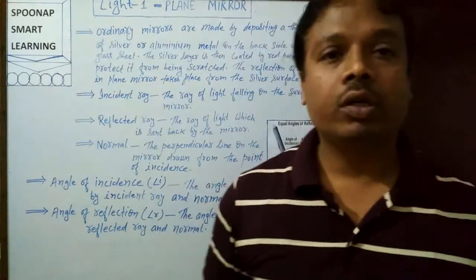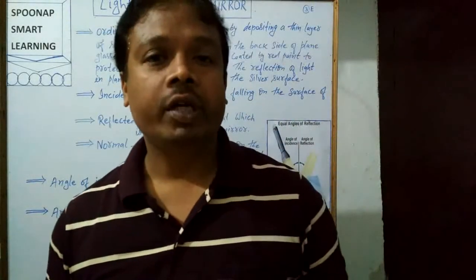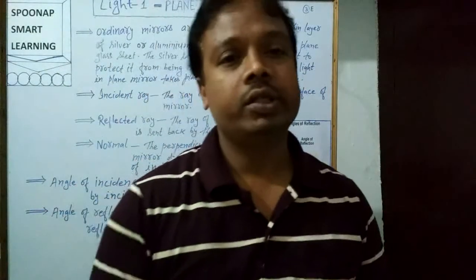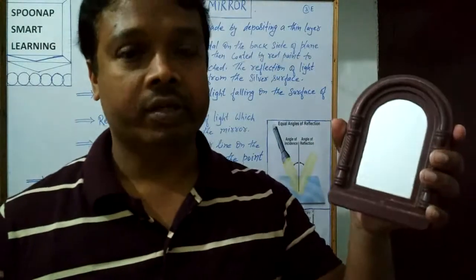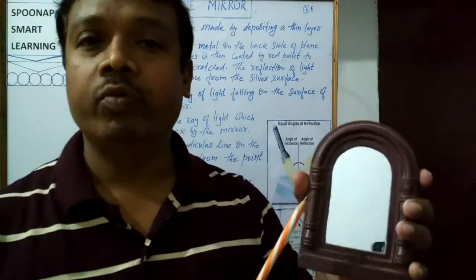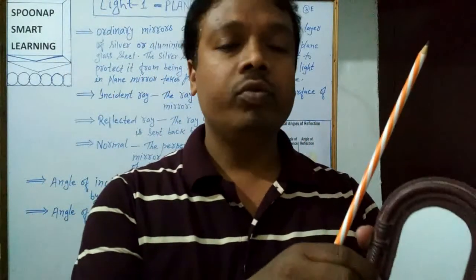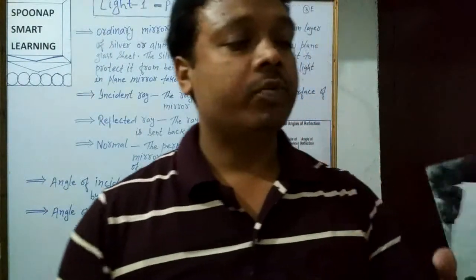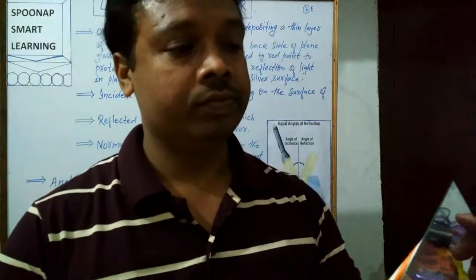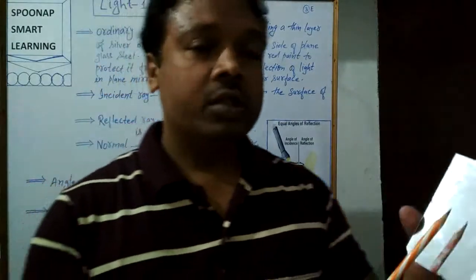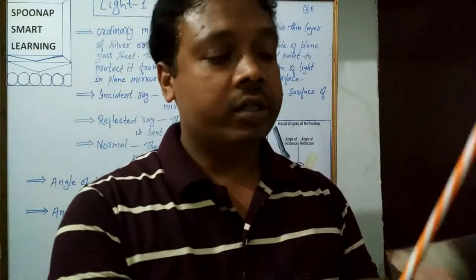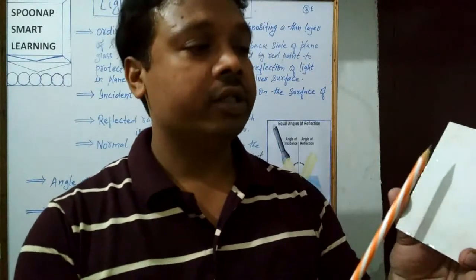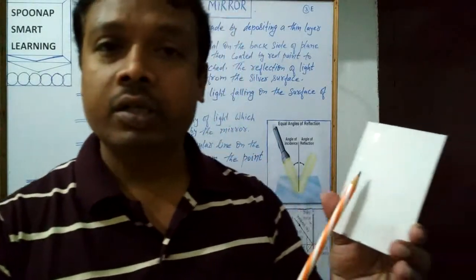Now we are going to understand how an ordinary plane mirror works. This is an ordinary plane mirror, and when you remove its frame, we get this type of glass sheet. Clear? This is the front side of the plane mirror and this is the back side. It has double coating.